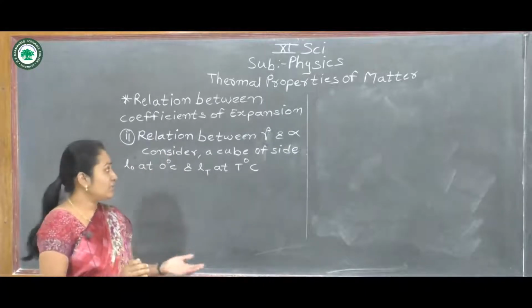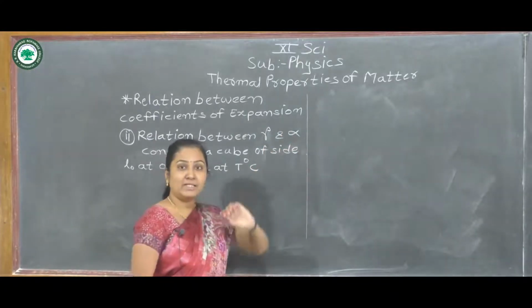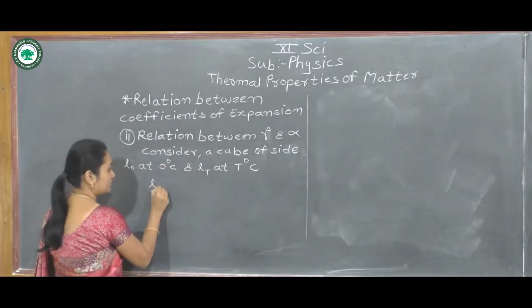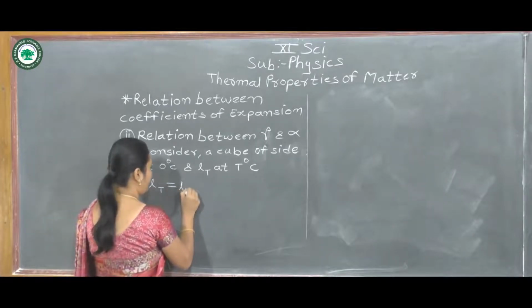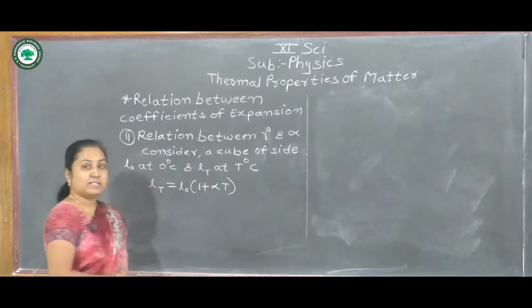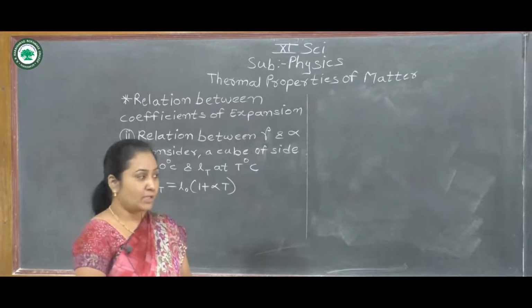Now, by using the formula of coefficient of linear expansion, we can write here LT is equal to L0 in bracket 1 plus alpha t.